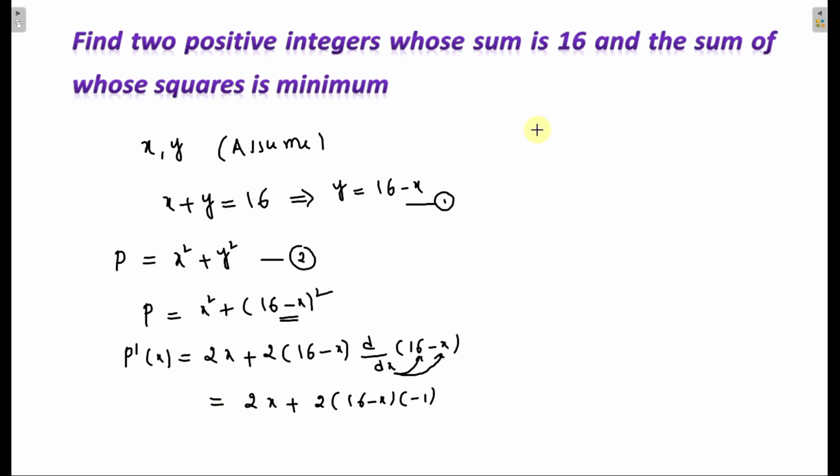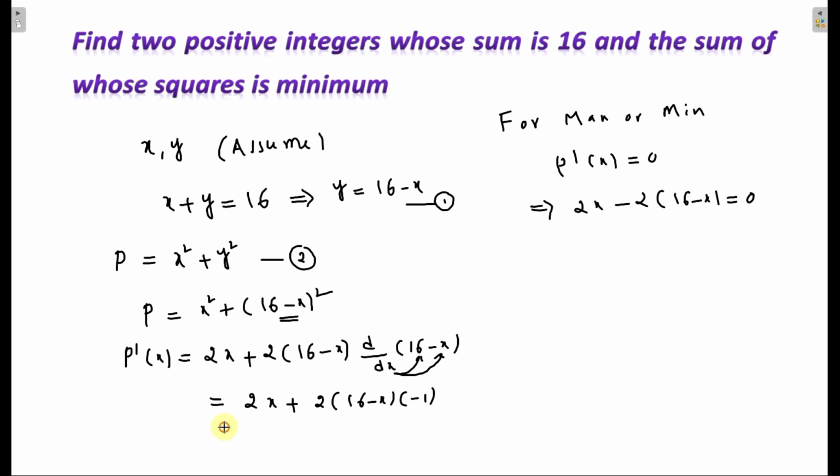So for max or minimum, equate P dash x to 0. So that implies I will get 2x minus 2 into 16 minus x is equal to 0.